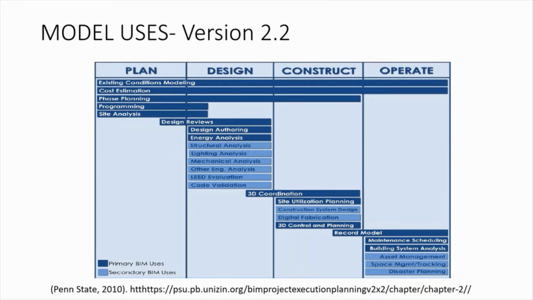But something interesting is that there is a link between these BIM uses from stage to stage. For example, cost estimation is integrated from plan, design, construct, and operate. Another example is 3D coordination, which starts at the end of the design phase and slightly goes into the construction phase. But this was one of the earlier versions, version 2.2.